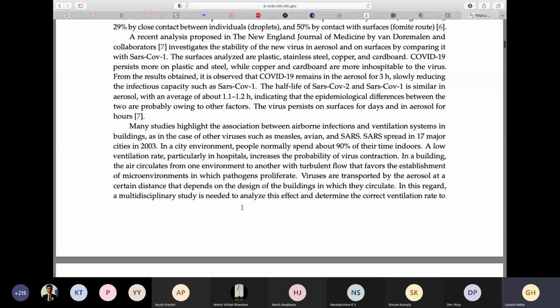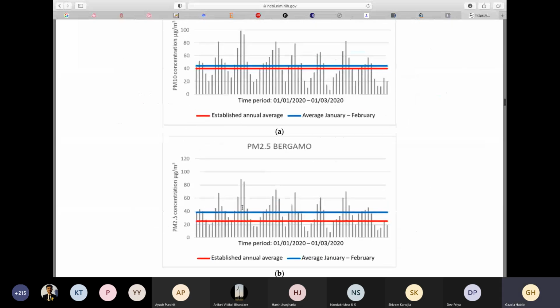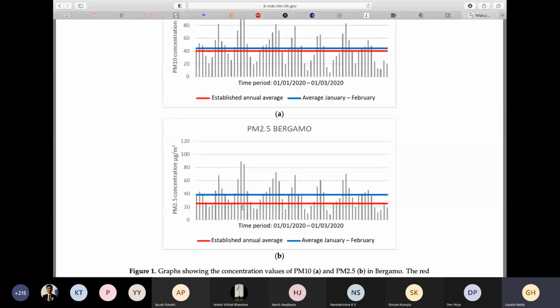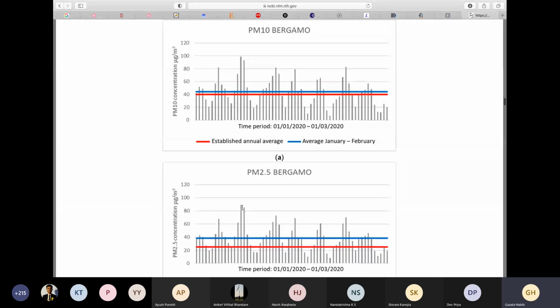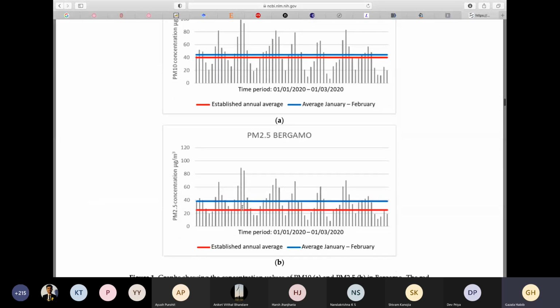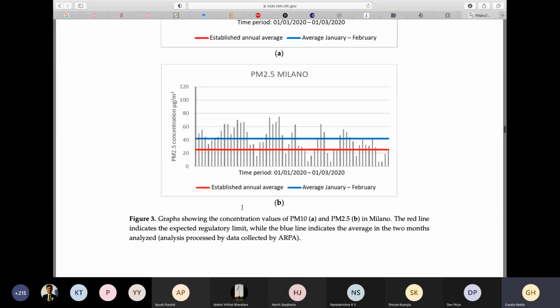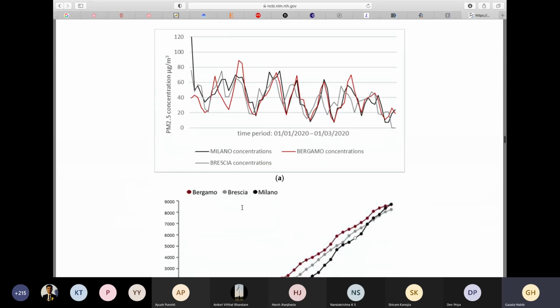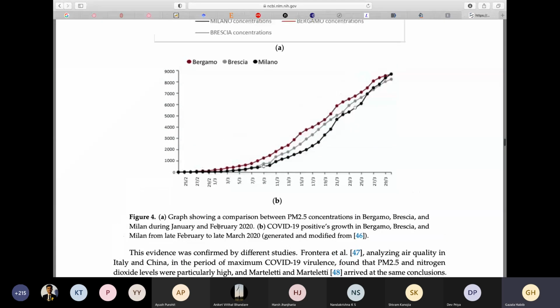Okay, so let's see how they have correlated. Established annual average January, February, PM. Okay, they have taken the PM10 data and PM2.5 data, but what is the technique they have used to correlate? Only concentration is given.